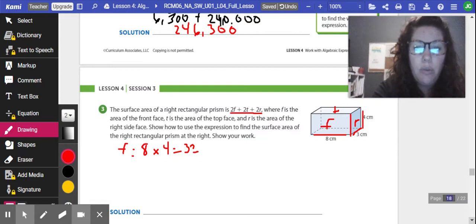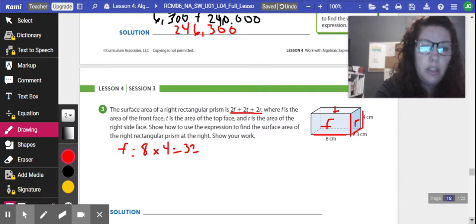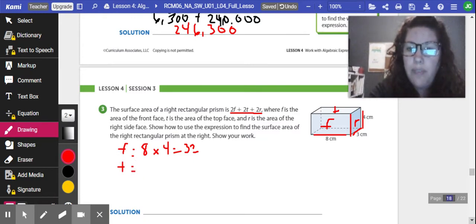Okay, next we're going to do our t, which is our top face. Okay, so our top face has the same length as this one, which is 8. And then it has this length, which is 3.